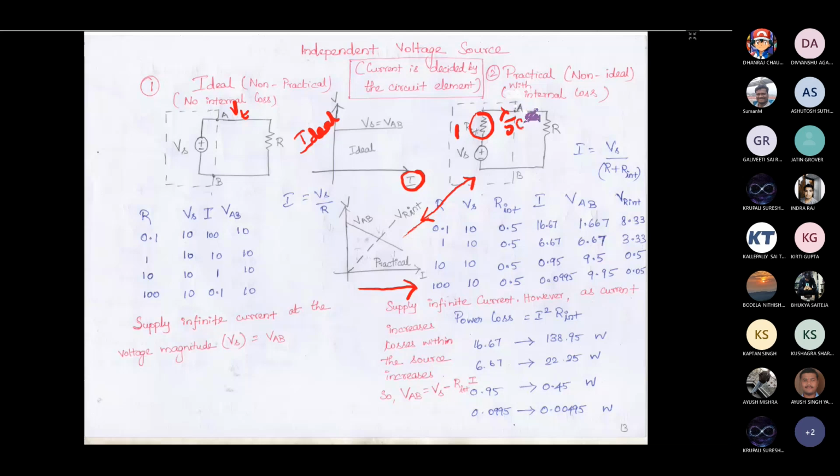If 50 amps is passing through this resistor, then a 50 volt drop will be there across it. So when the current is increasing, the voltage drop within the source increases, and then the voltage across the load decreases. VAB is reducing when the current is increasing, whereas the internal voltage drop keeps increasing. That's what is mentioned here.